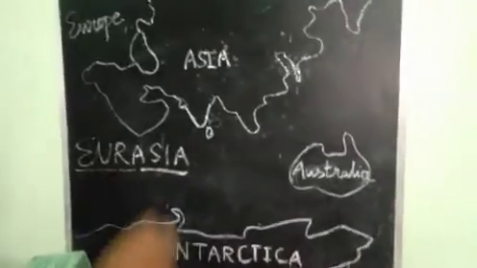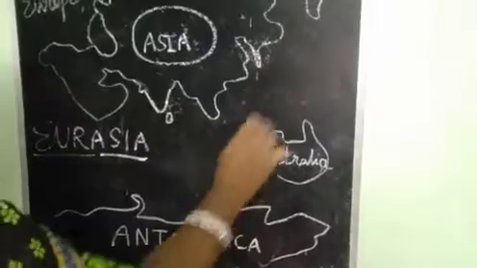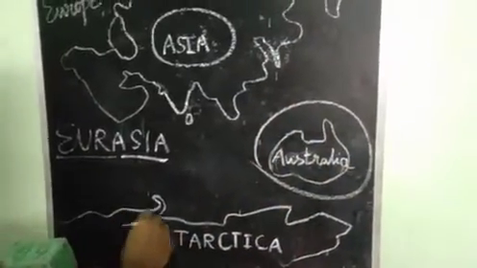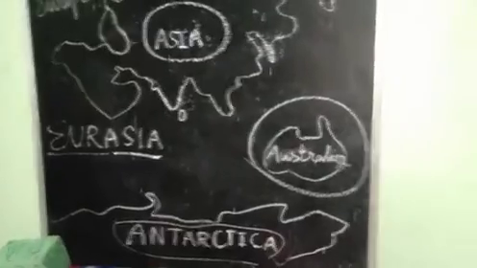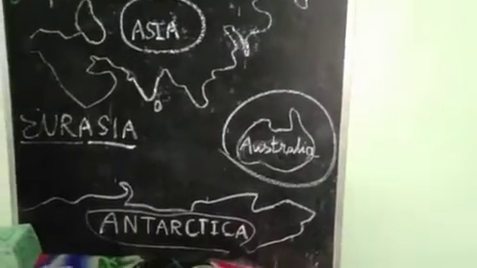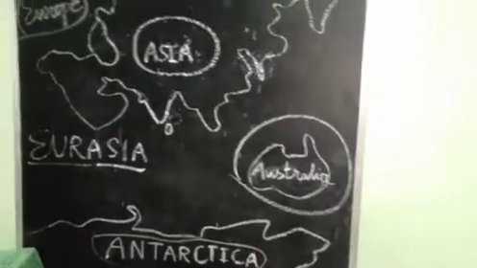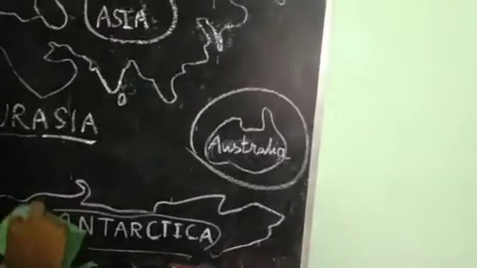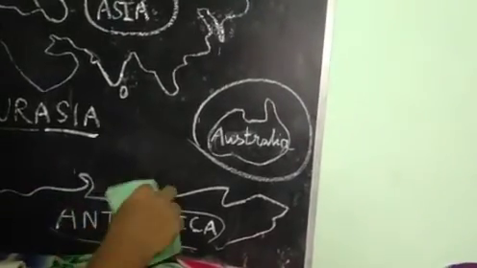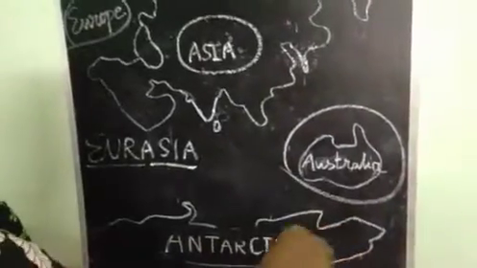In this map we learnt 3 continents: Asia, Australia and Antarctica. Previously we learnt how to mark 4 continents: Europe, North America, South America and Africa. Make a note of it. Mark in your map. I'll give you a few minutes.